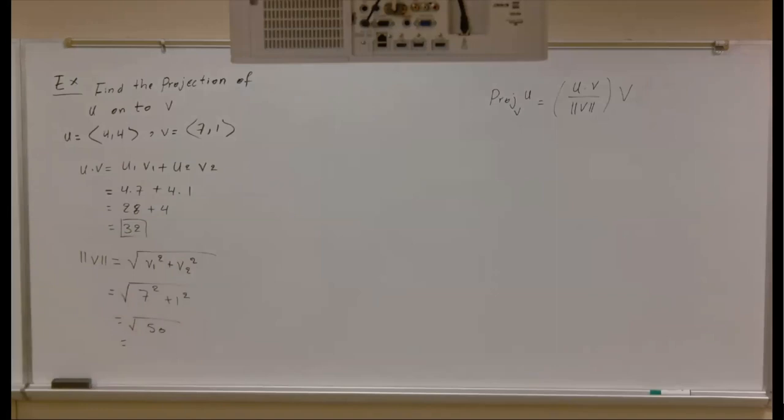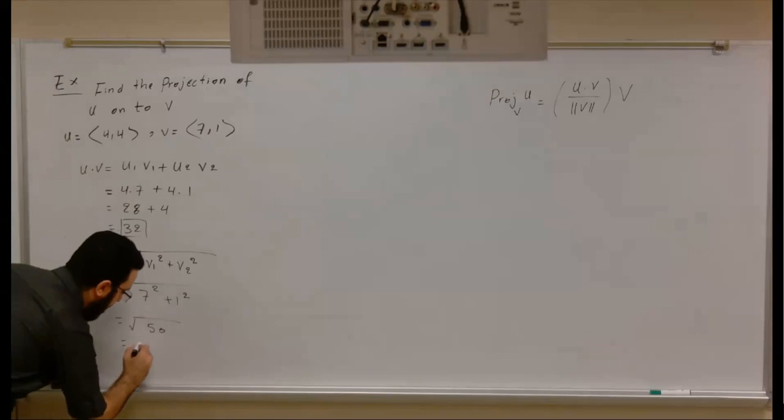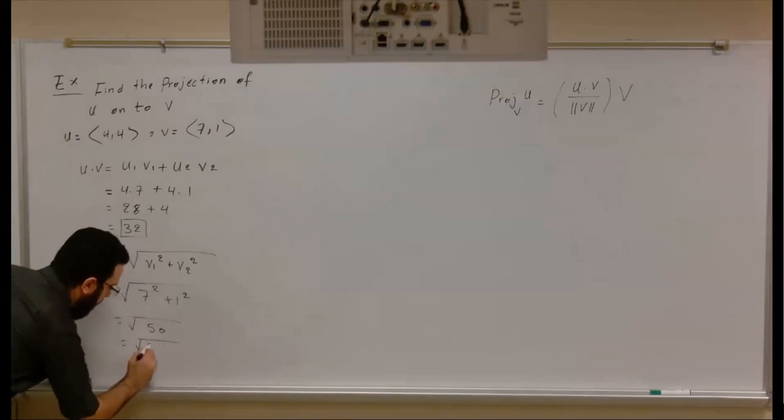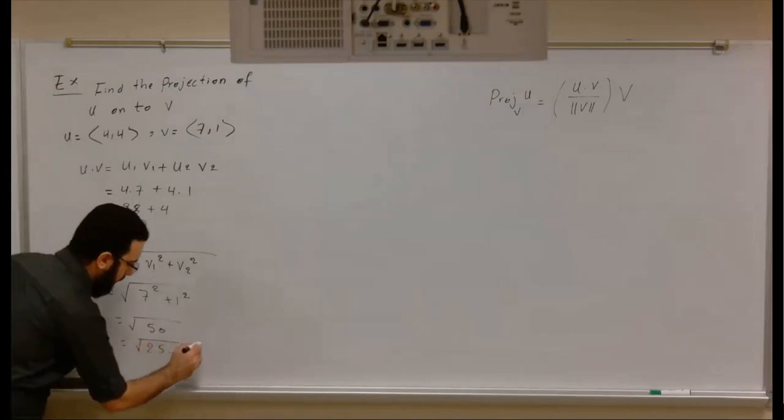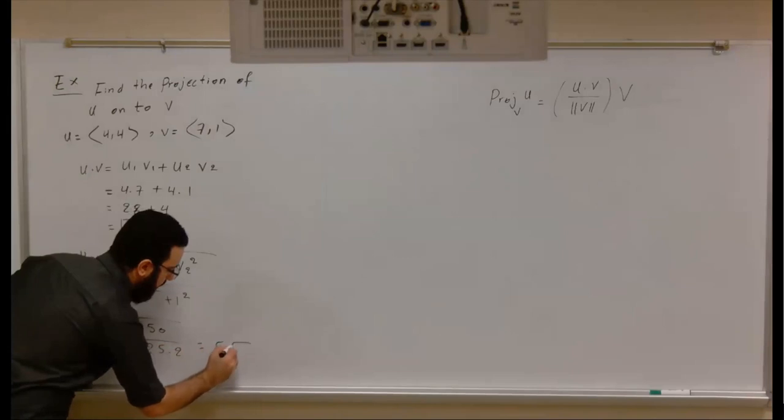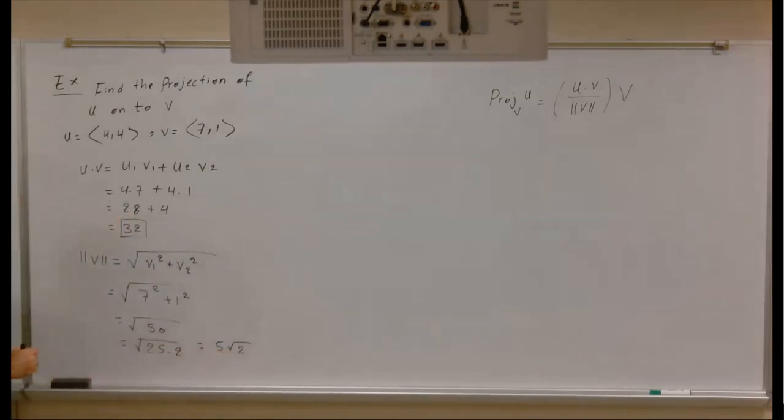What's the square root of 50? 5 square root of 2. You say it's the square root of 25 times 2, the square root of 25 is 5, and keep the 2 under the root.